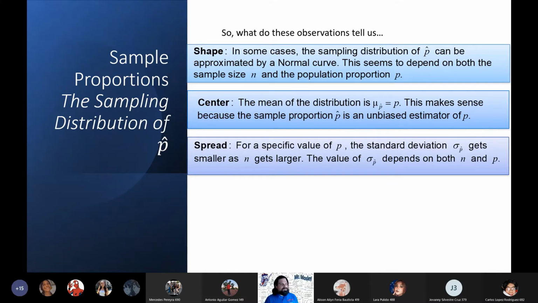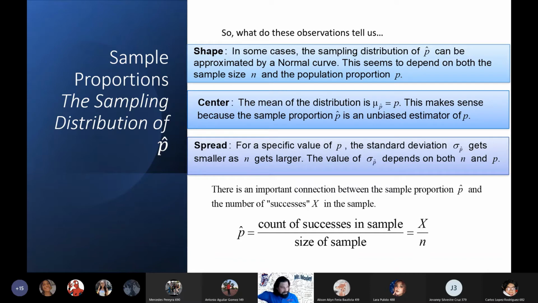The value of the standard deviation of p hat depends on both n and p. So again, the shape depends on n and p, sample size and population proportion. Standard deviation also depends on the sample size and the population proportion.